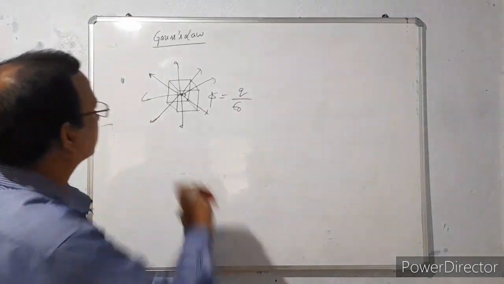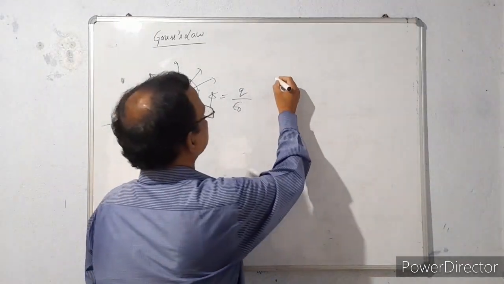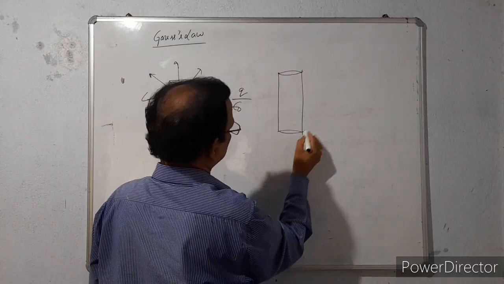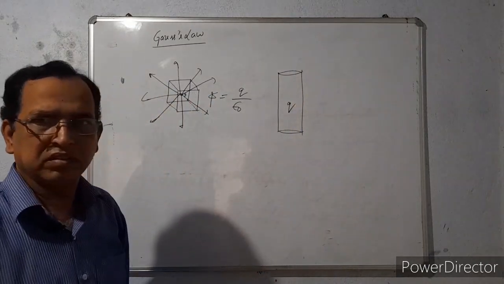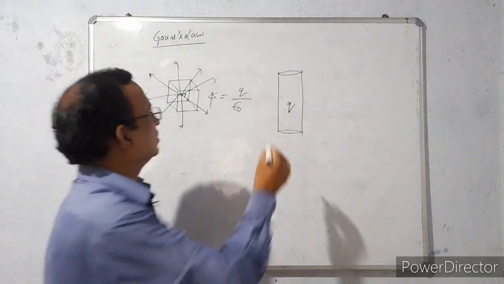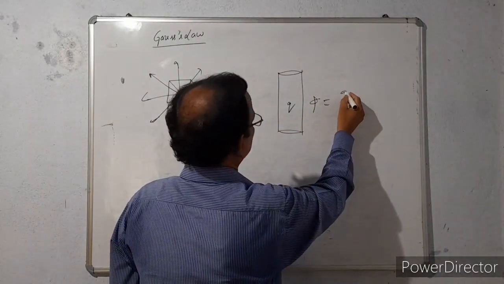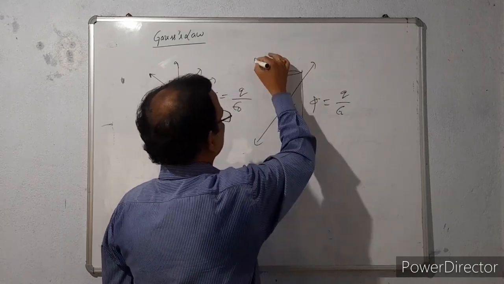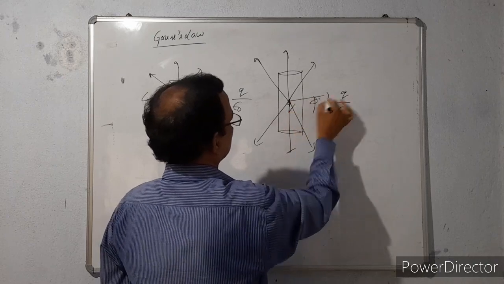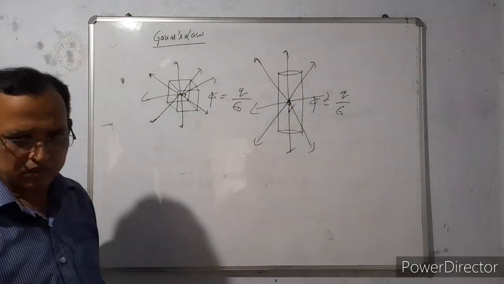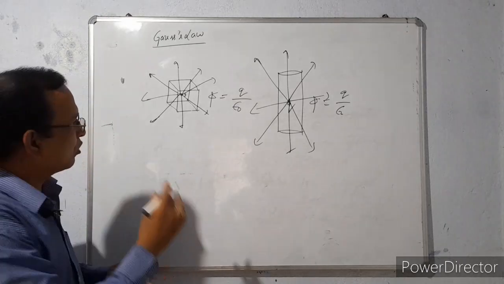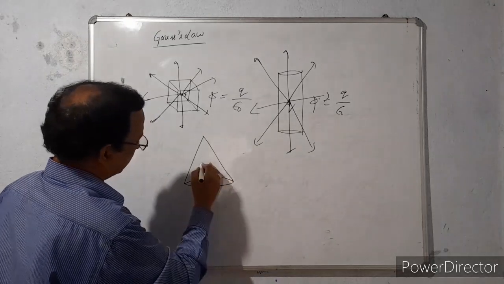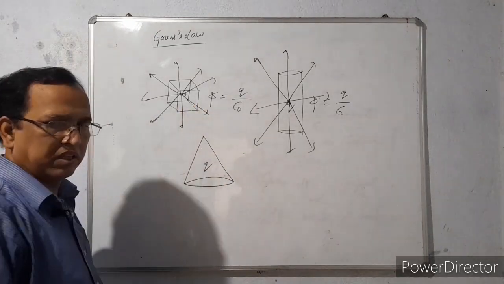In case of a cylinder, suppose a charge is there. In this case also, phi is Q by epsilon naught, because in this case also the total flux passes like this. In case of a cone also, a charge is placed inside this.